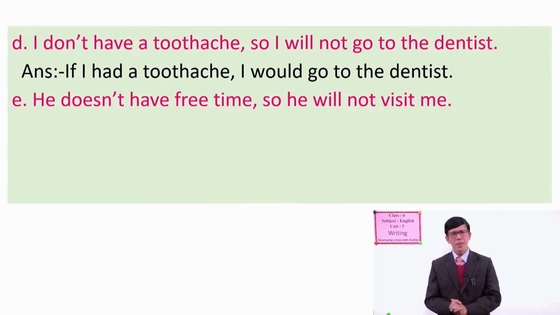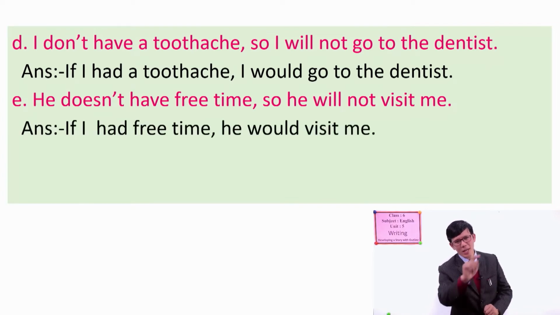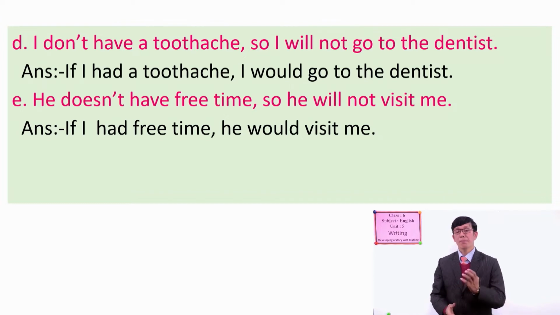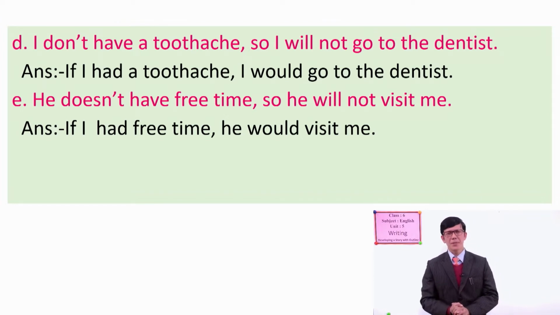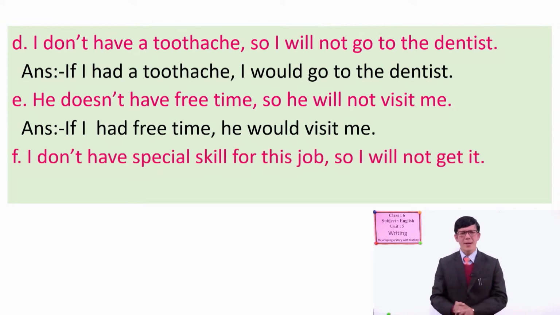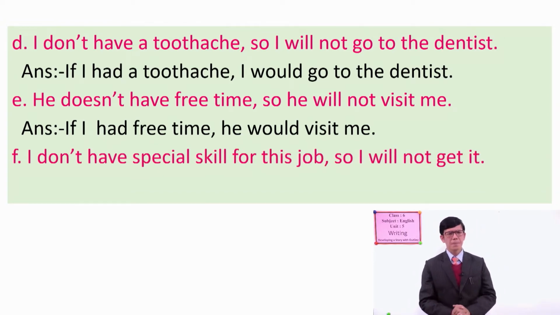Then he will should be changed into would. He would visit me. Okay, if he had free time, he would visit me. Right. Now let's check the other one. All right, what can you see there?